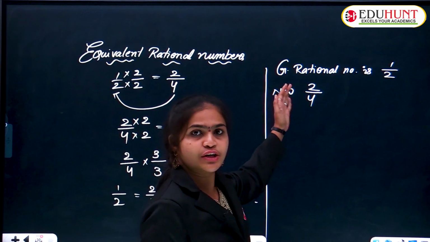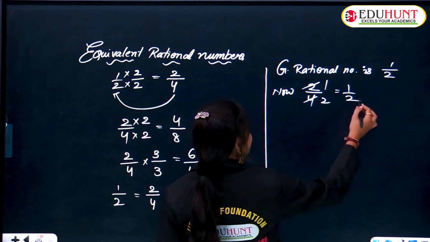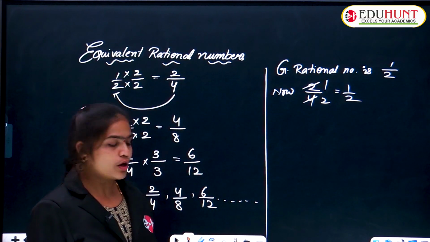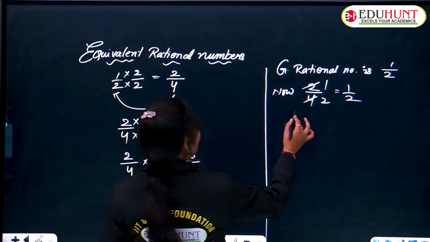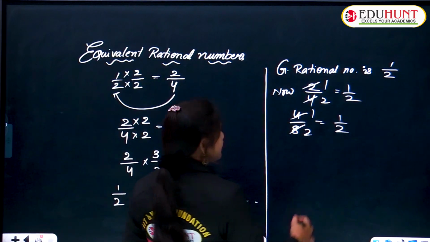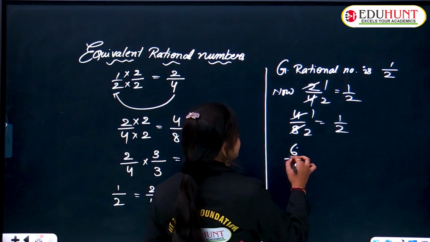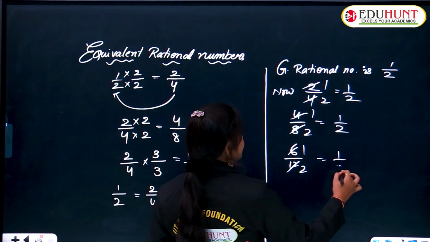So convert it into simplest form: 2 ones, 2 twos. Again you will get 1 by 2. Next, 4 by 8: 4 ones, 4 twos. Again we got 1 by 2. Next, 6 by 12: 6 ones, 6 twos. Again you will get 1 by 2.